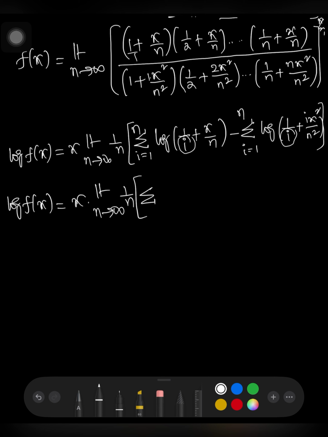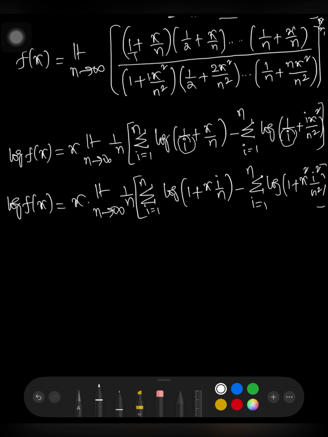So clearly it is sigma i equals 1 to n of log of 1 plus x i by n, minus sigma i equals 1 to n of log of 1 plus x square i square by n square. Right.